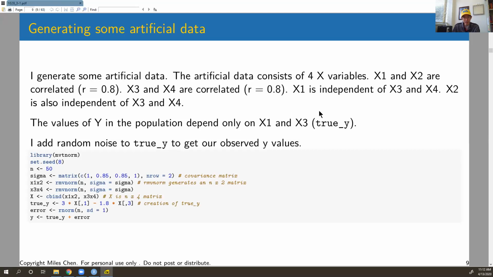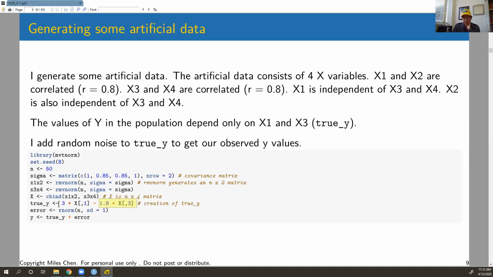X1 is independent of X3 and X4, and X2 is also independent of X3 and X4, which also means X3 and X4 are independent of X1 and X2. But clearly X1 and X2 are correlated with each other, and X3 and X4 are correlated with each other. I put those together in my X matrix here using cbind, and here I'm generating the true value of Y. The true value of Y is found by taking 3 times the X1 variable minus 1.8 times the X3 variable.